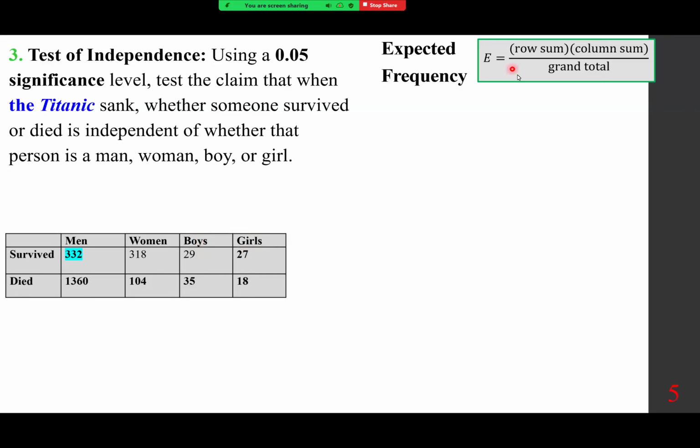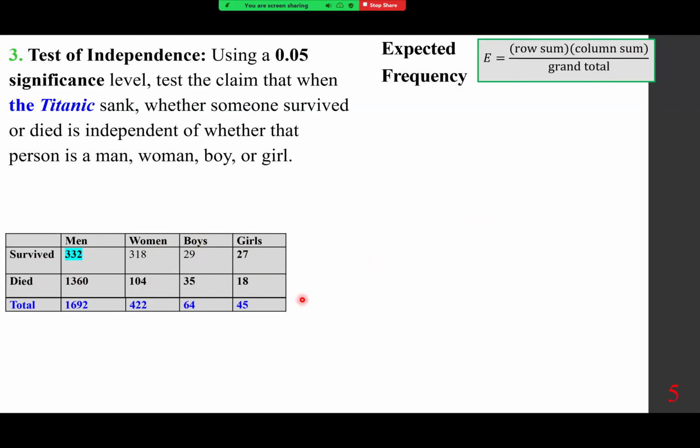Now, the expected frequency is the row sum times the column sum over the grand total. So you add up this row, you put it here. You add up this row, you put it here. You add up this column, you put it here, and so forth. If you add up these two numbers, 1692, these two numbers, 422, these two numbers, 64, these two numbers, 45. Now we're going to add up this way.